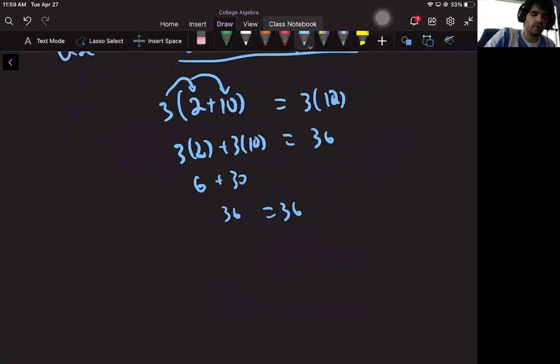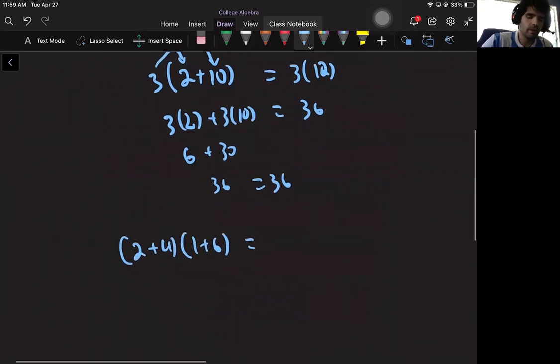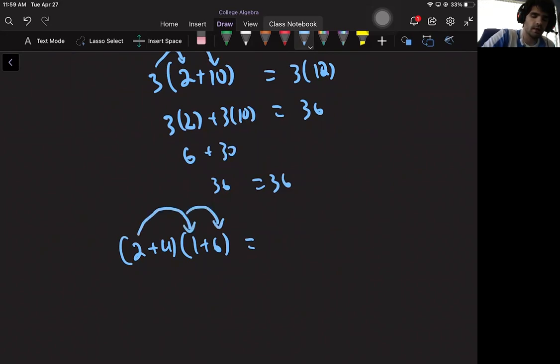And then it gets a little bit weirder when you have the addition of two things. Let me pick two different numbers. Something like this being multiplied together. So then when you distribute, each number gets multiplied to each number. So this 2 gets multiplied into that 1 and that 6.